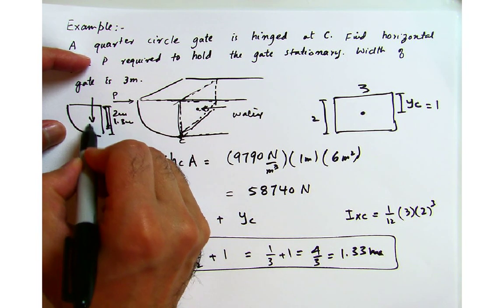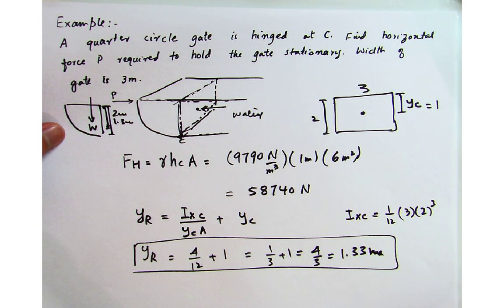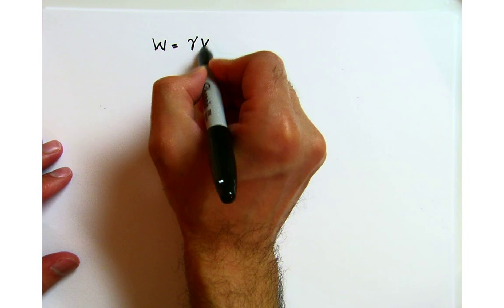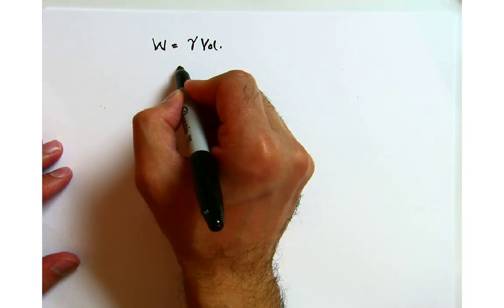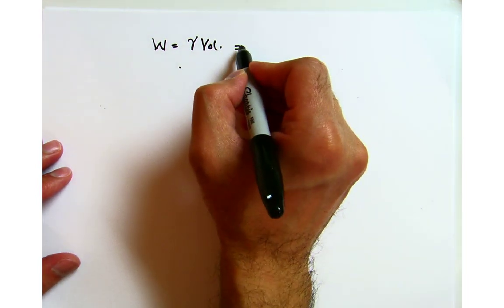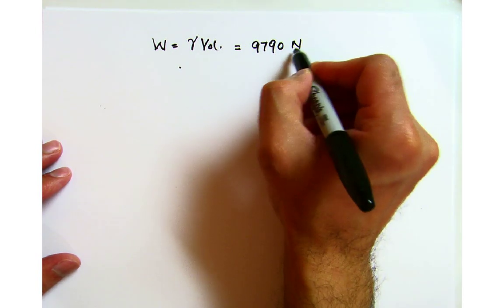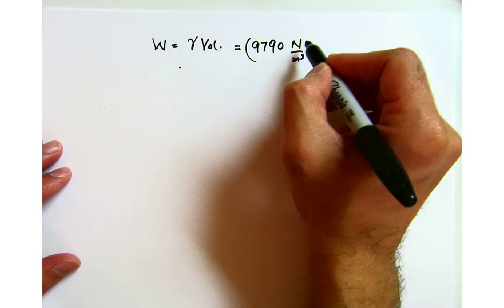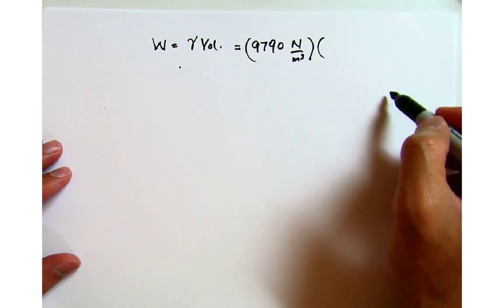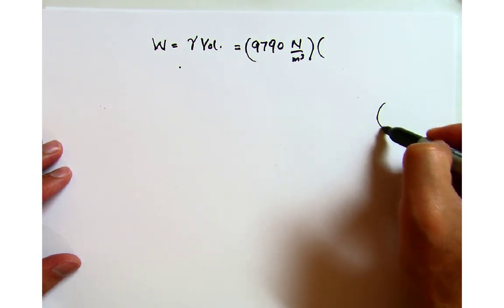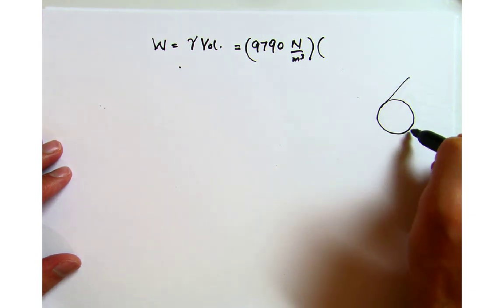this direction. So first of all, we have to find out what that vertical force would be. To calculate that vertical force, which is simply the weight of the water, it is gamma times the volume. So gamma in this case is 9790 Newton per meter cube, and the volume of this, if I think about it, is the cross-sectional area times the length.